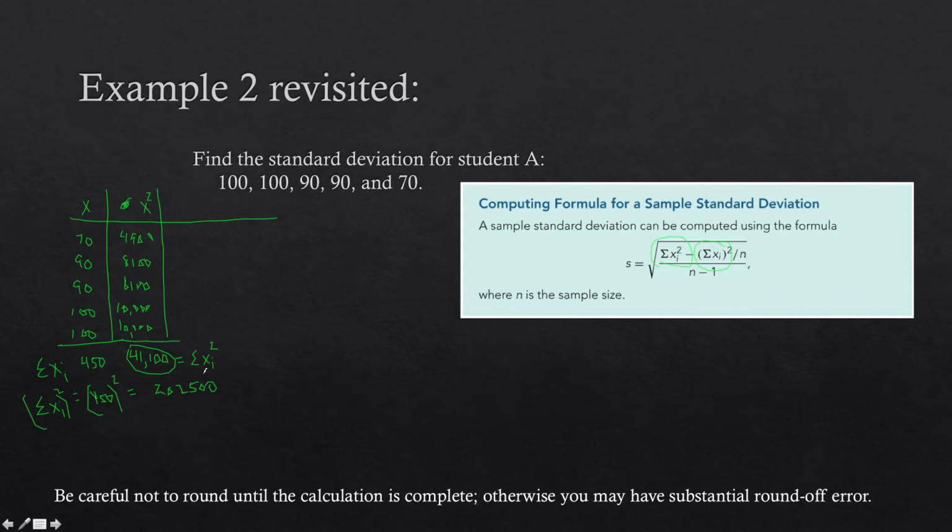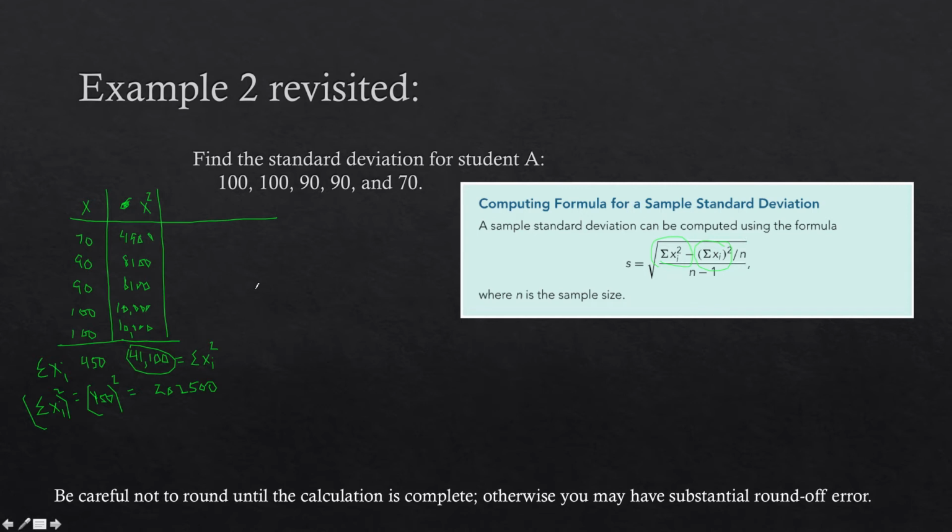All right, so we've got the sum of x sub i squared minus the square of the sum of x sub i. Hopefully that makes sense in the difference in those two.